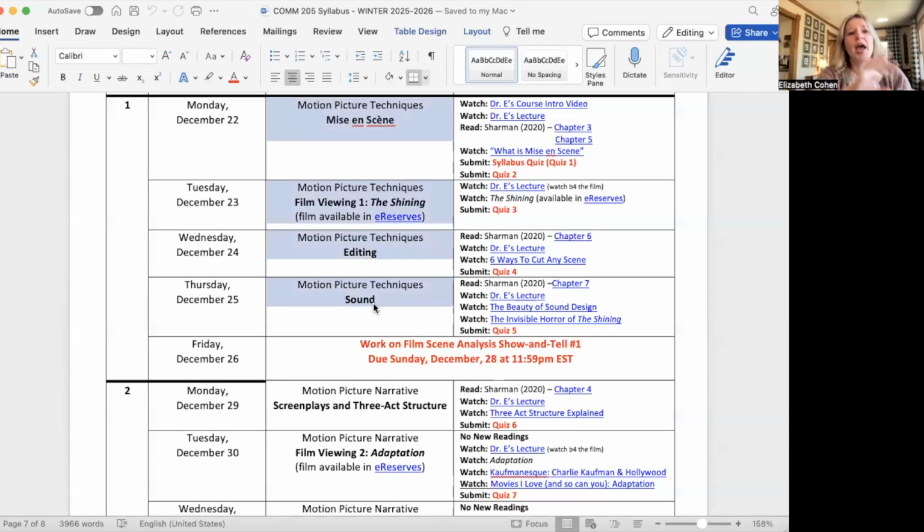And you can do anything at any time in the semester, so long as you get everything done by the weekly deadlines, you do want to at least go in order. So you want to make sure that you watch The Shining before you do this editing quiz, which is supposed to be after it. Okay. So that's the only restriction in terms of the order you go, but the pace that you do this with is up to you.